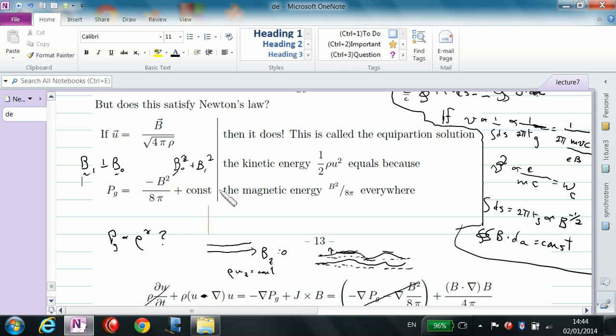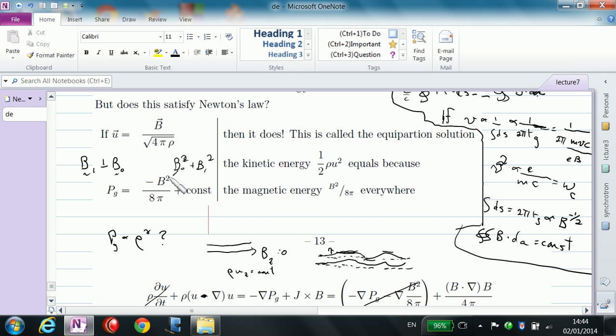For a magnetosonic wave, the pressure is no longer constant. It's a whole different kind of wave. But for an alpha wave, to lowest order, there's no change in the density.